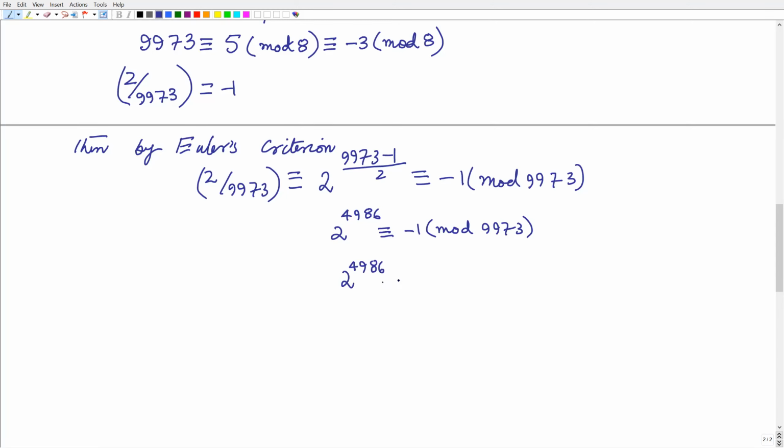If we add 1 to both sides of the congruence, we get 0 modulo 9973. So it means 9973 divides 2 to the power 4986 plus 1.